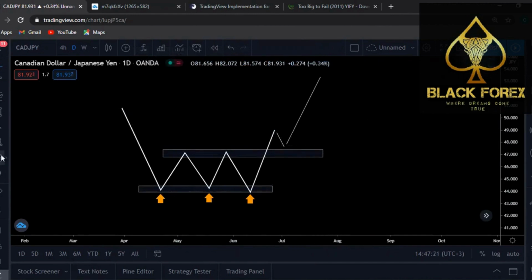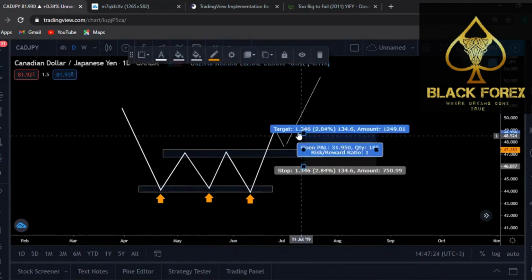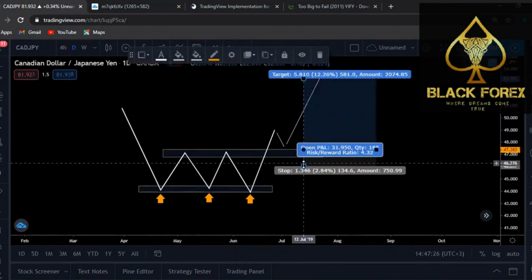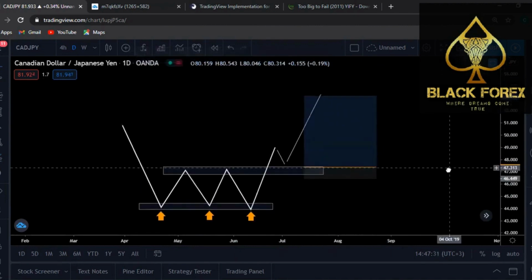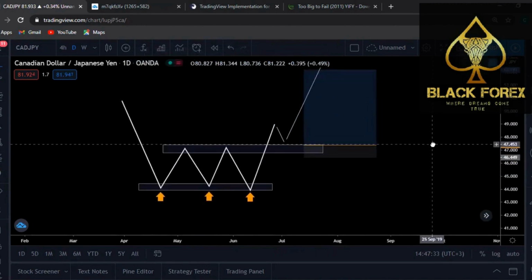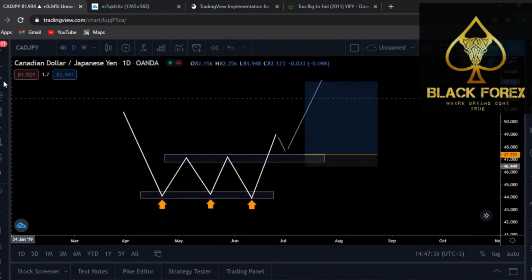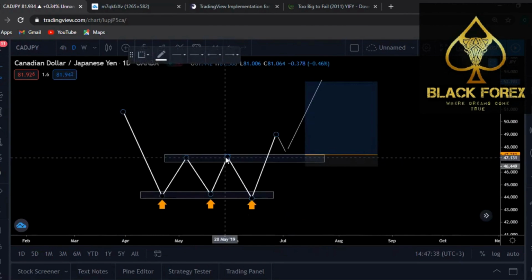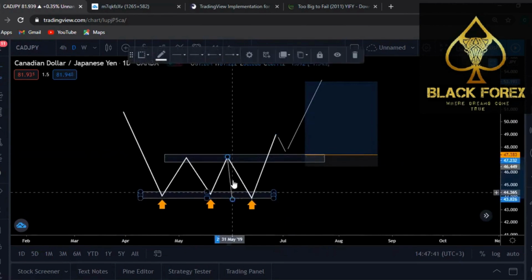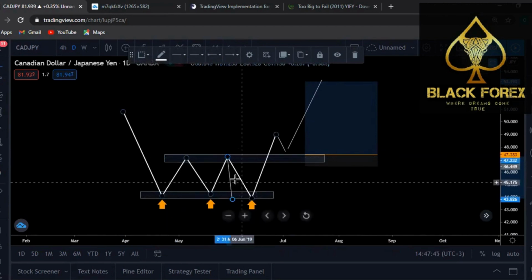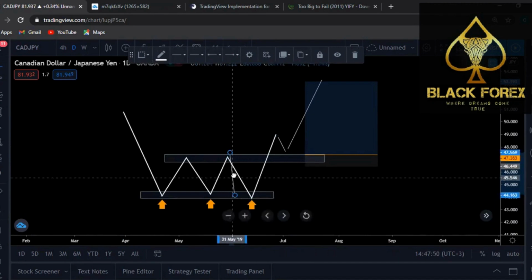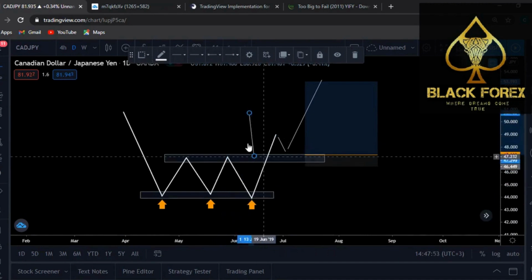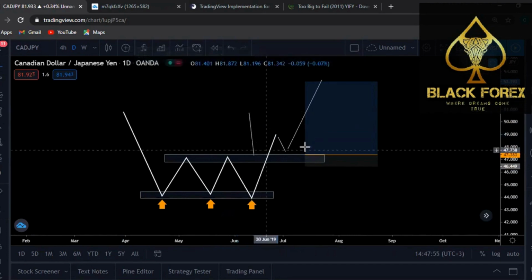Now this market structure, they actually provide very good risk to reward ratios, anywhere from 1:4 to 1:6, depending on the market structure or the way the market has evolved in due time, because the distance from the highest tip to the lowest tip of this body or the triple bottom, like from the neckline to the lowest bottom here, has to be the same distance from the neckline to where your take profit should be, right?